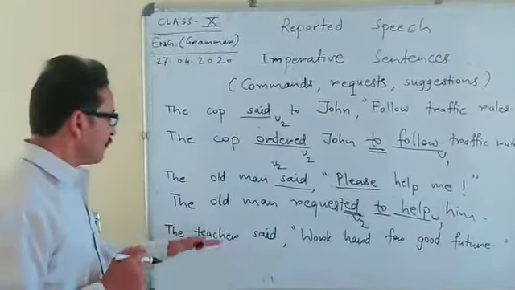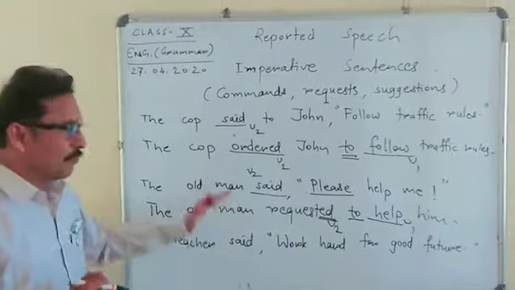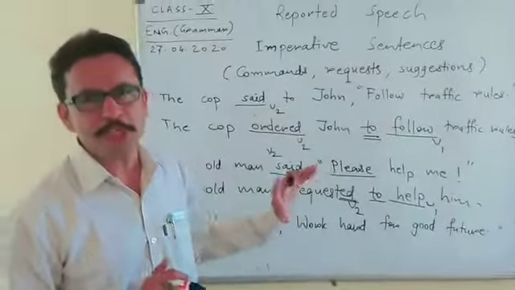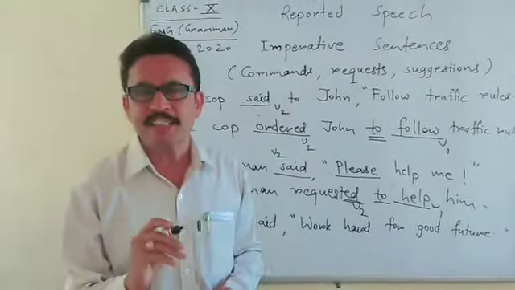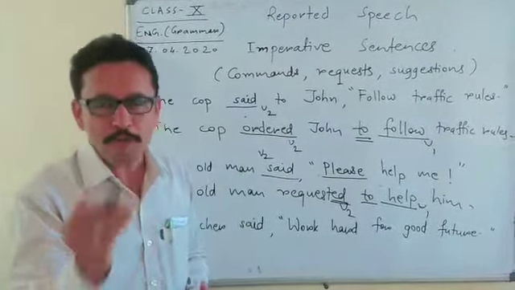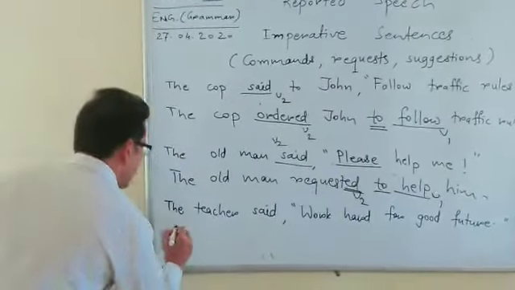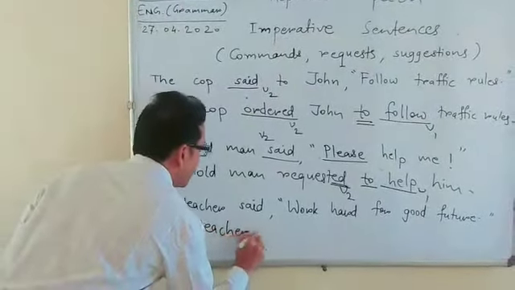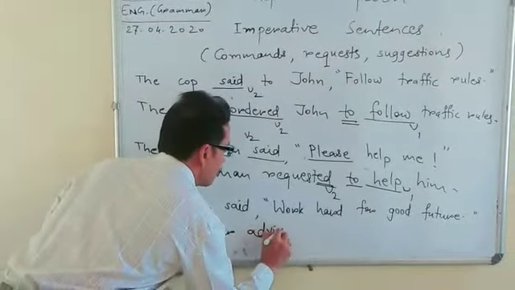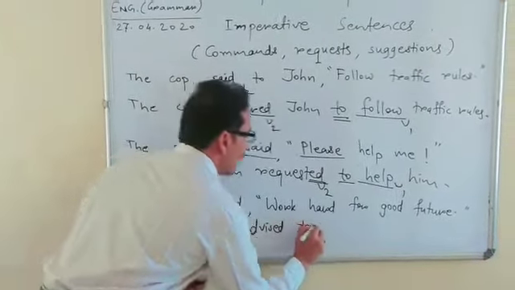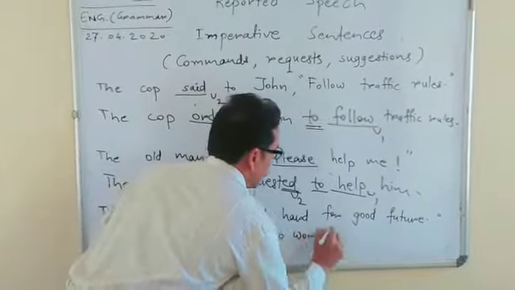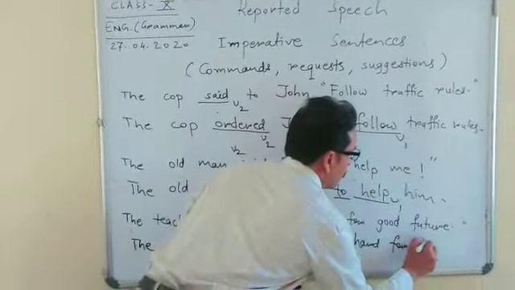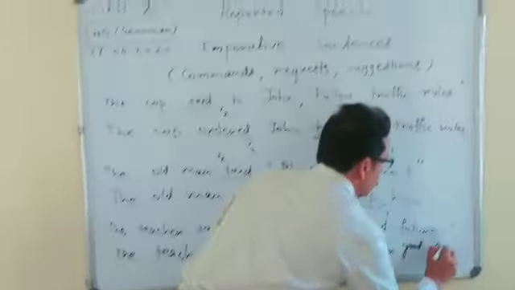Now we are going to see one more sentence. The teacher said, work hard for good future. Now work hard for good future is advice or a suggestion. So how should we convert this into indirect speech? The teacher advised to work hard for good future.